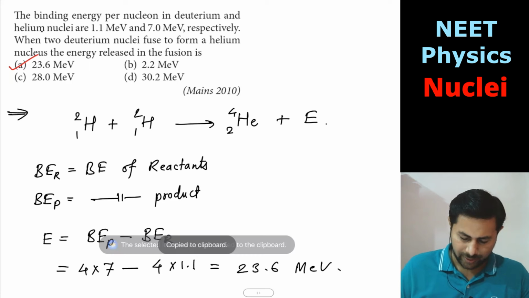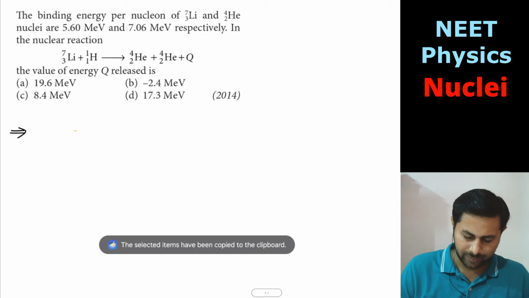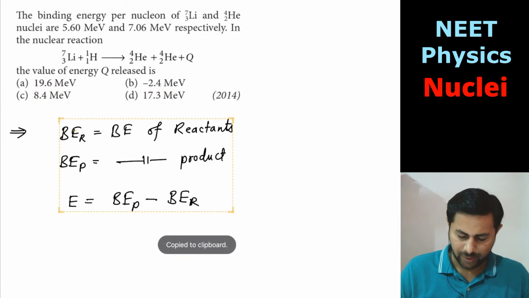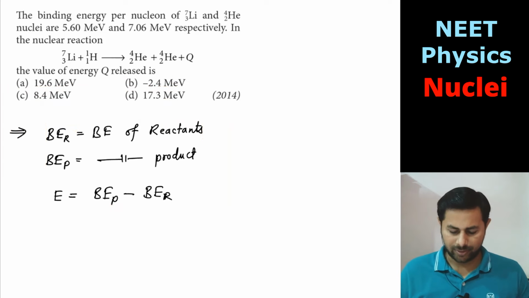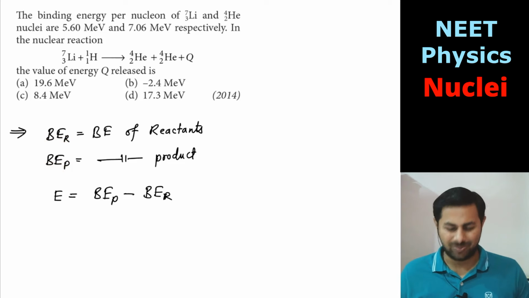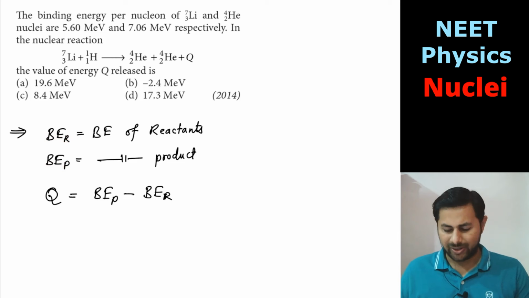let me copy paste this whole thing. Suppose BER is the binding energy of reactants, and BEP is the binding energy of product. Then what would be Q? Q is the binding energy of product minus the binding energy of reactants.